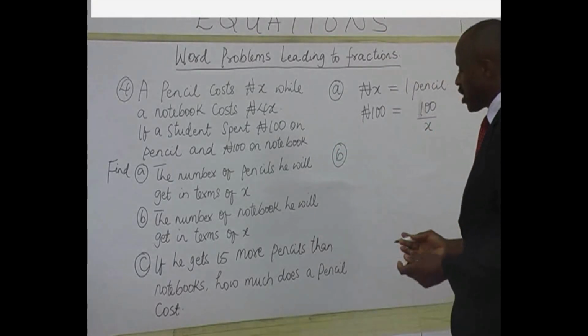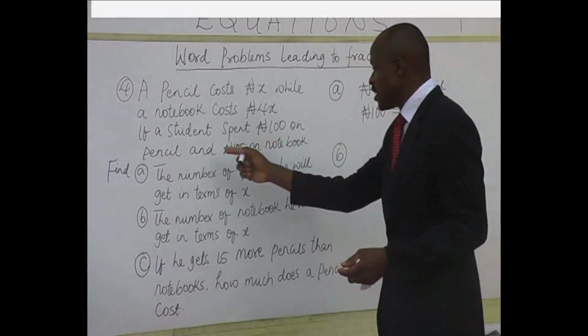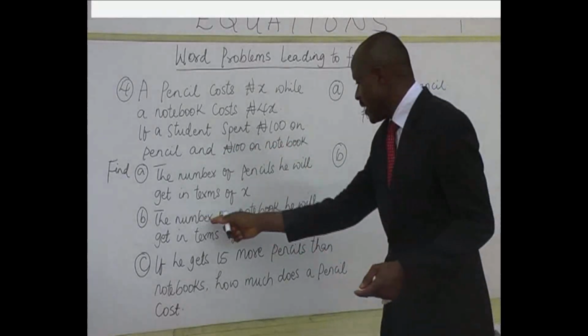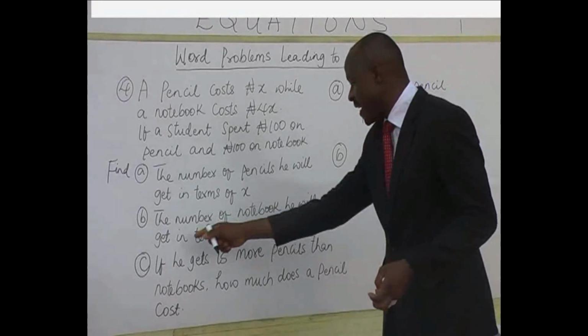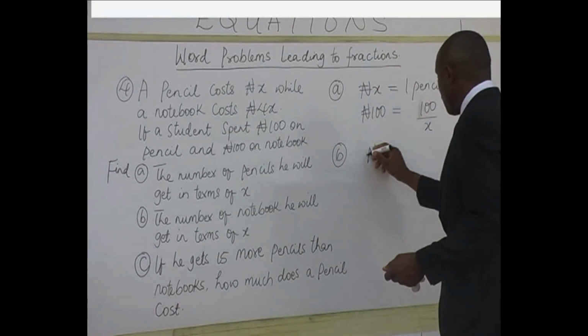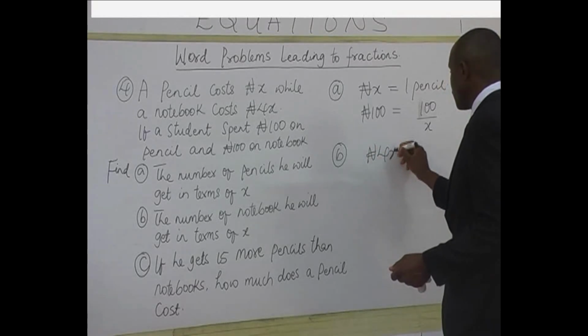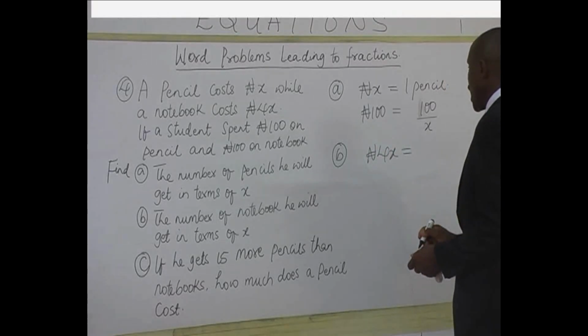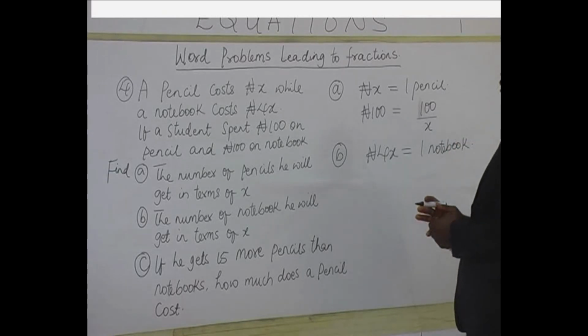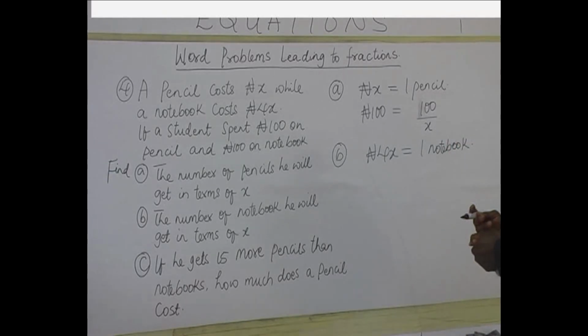Question number B is similar to question number A. They said he spent 100 naira on notebooks also, and we are asked how many notebooks he will get in terms of X. 4X is the cost of one notebook.